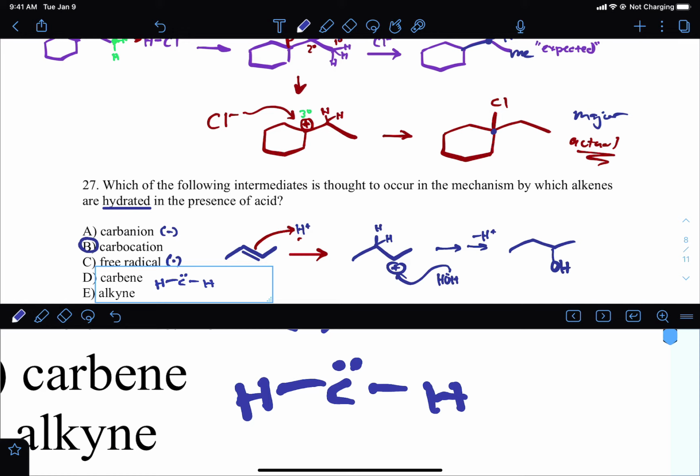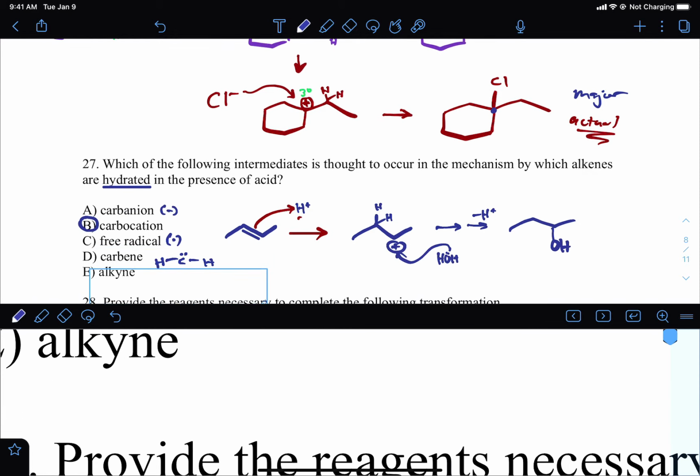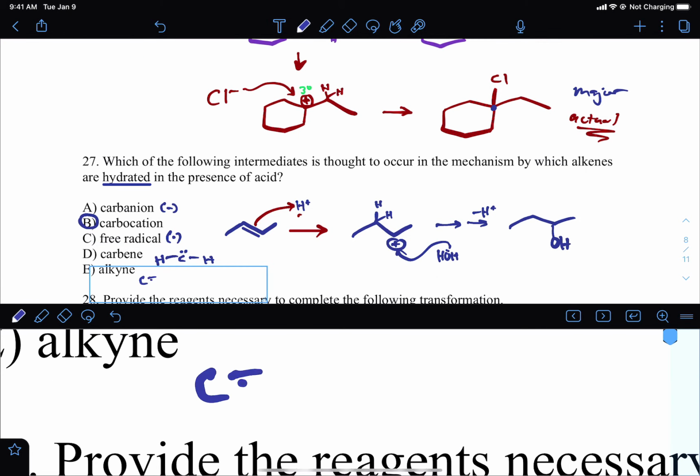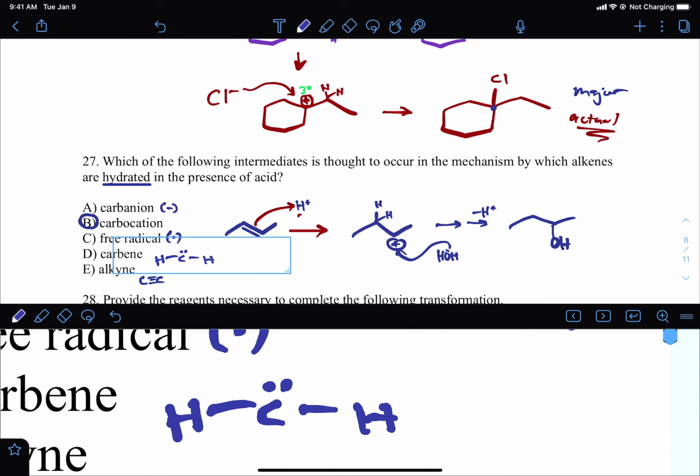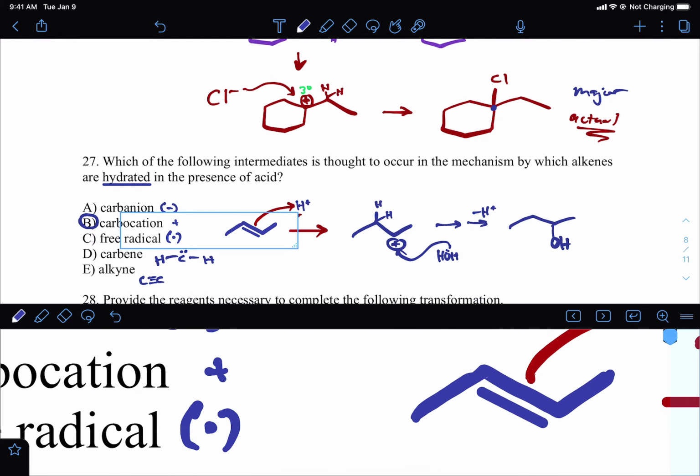It's neutral, but it's only got a sextet, not an octet. So very weird species. It's both nucleophilic and electrophilic, right? And the alkyne is a CC triple bond. Okay, so we don't have any of those, but we do have a cation, which is a positive charge.